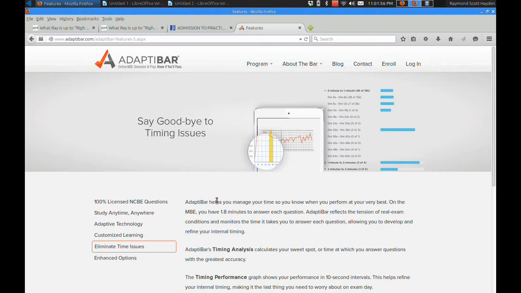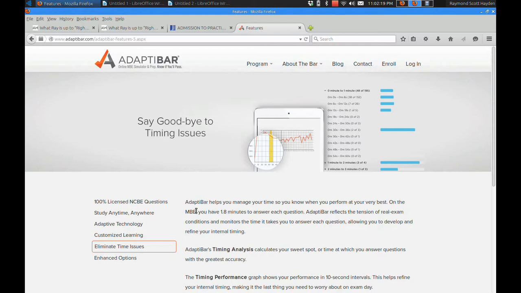It's kind of luck of the draw, depending on how the deck is laid out before us in the essays, but very probably you're going to hit on some kind of sub-issue that will trigger something on the essay portion of the First-Year Law Students' Examination that will help you. It's an accidental, unintended benefit from the AdaptiBar system. So I just want to mention that.